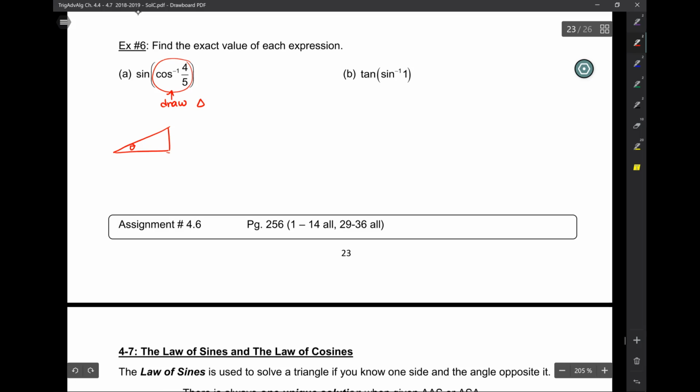What that stuff in the red is telling you is that there is this mysterious angle, the cosine of which is 4 over 5. That means adjacent over hypotenuse is 4 over 5. Find the missing side, 3.